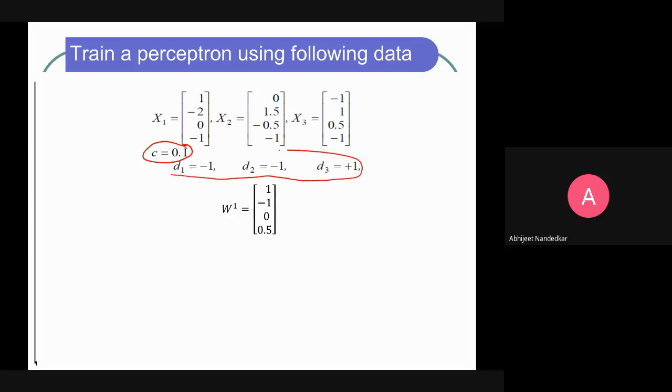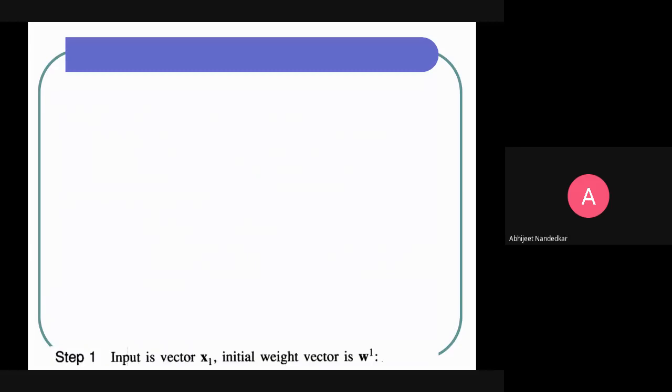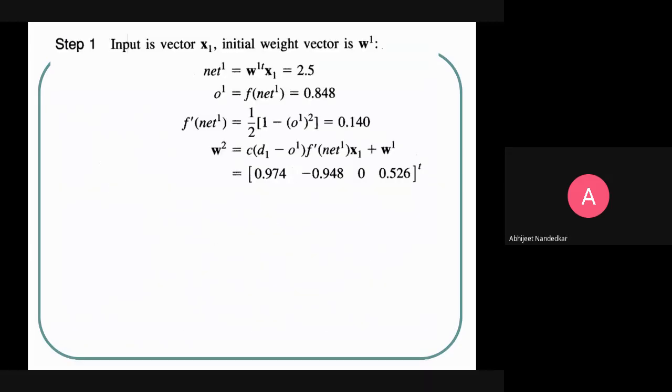These are corresponding desired response, and this is initial guess. Now with step 1, your input vector is x1, your initial guess is w1, then you compute net1.